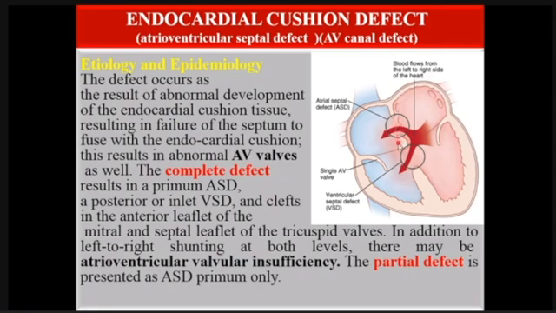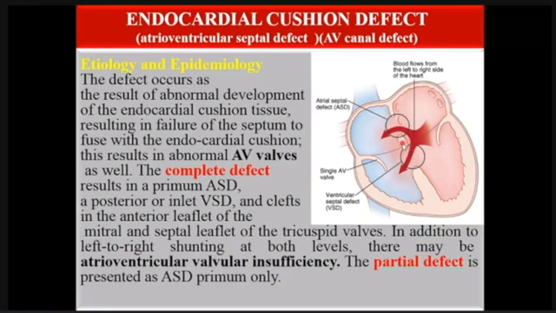So the endocardial cushion tissue is responsible for the development of the septum primum, and part of the ventricular septum, which is the inlet and the membranous septum.